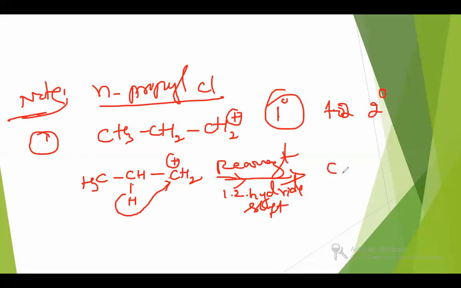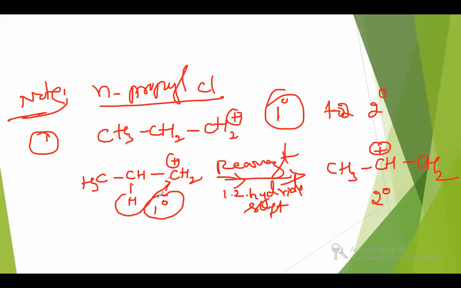Then it will be forming CH3, CH3, with this hydrogen shifted there. So it is electron deficient, one bond is required, CH plus. Now what it forms is a secondary carbocation, 2 degree carbocation, and here is the primary carbocation. The secondary carbocation is more stable than the primary carbocation.